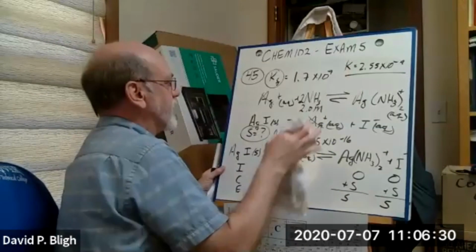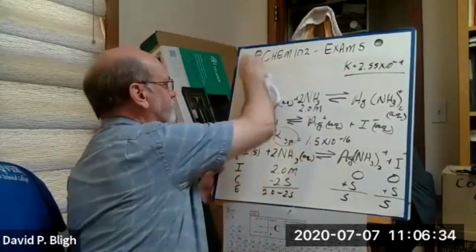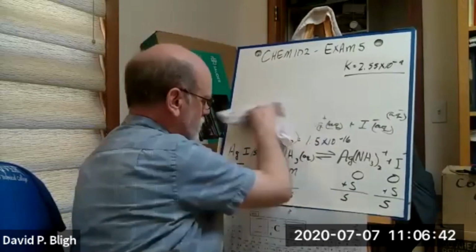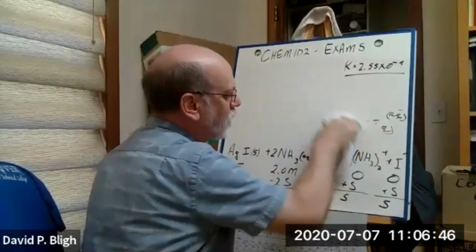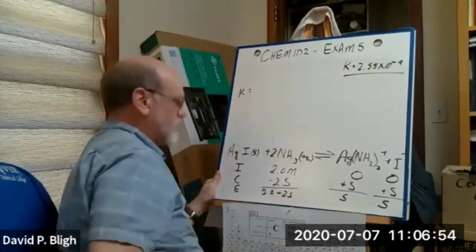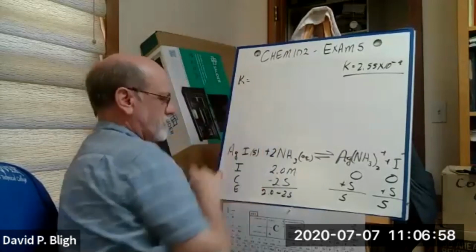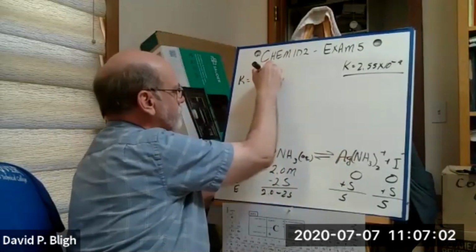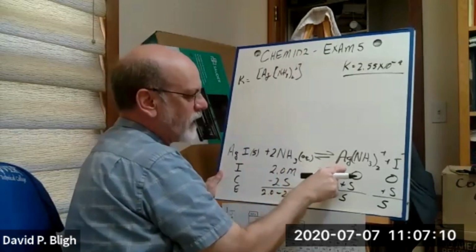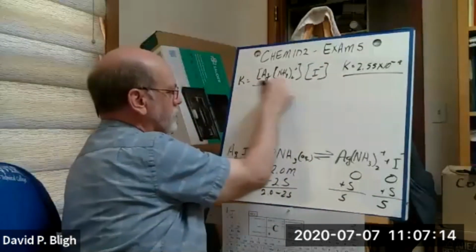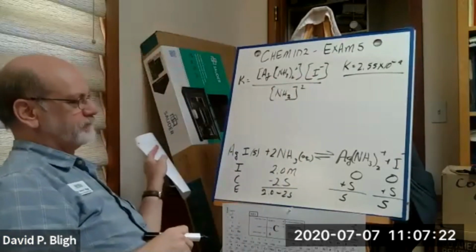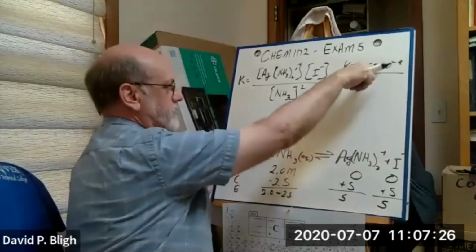So K is going to be equal to this one, first power, this one, first power, divided by this one, second power, and that's equal to this number.